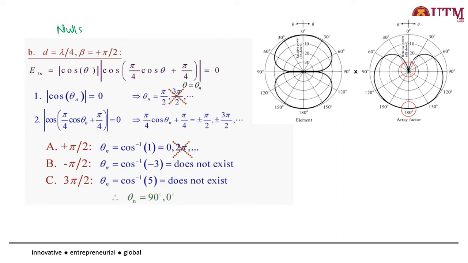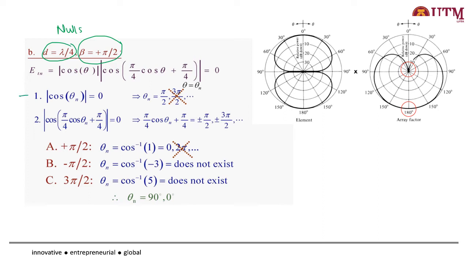Next, for part B, again you need to find the nulls. The elements are separated by lambda over 4, but now the phase difference between the elements is given as pi over 2. The earlier one in part A had beta equal to 0. The same steps: consider the element and also the array factor.